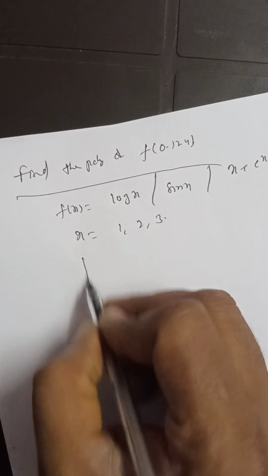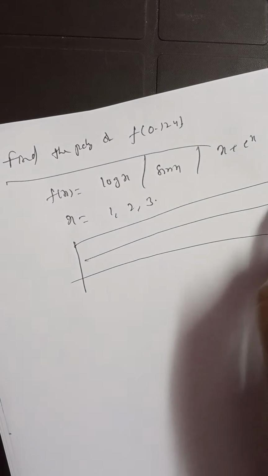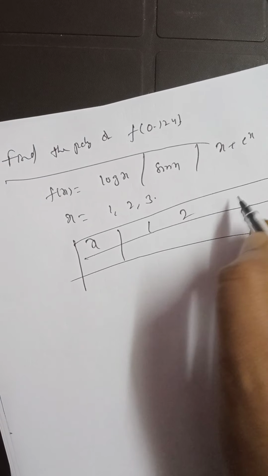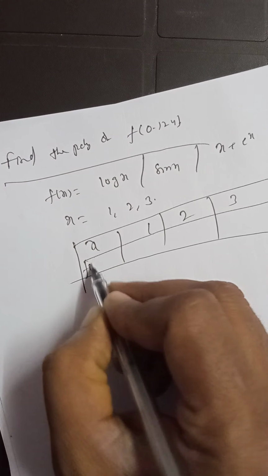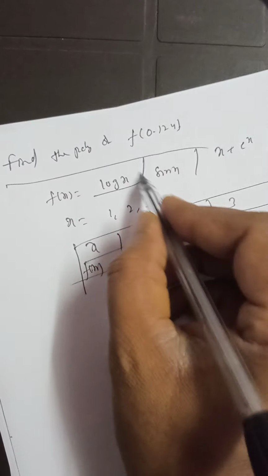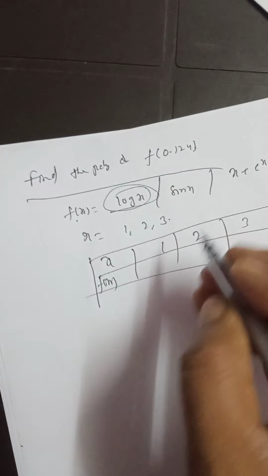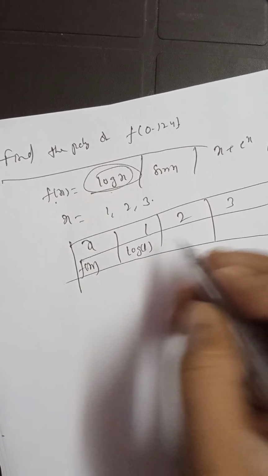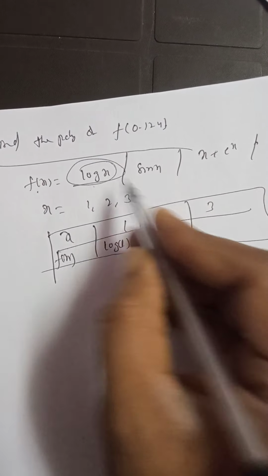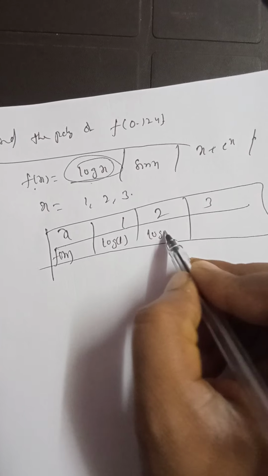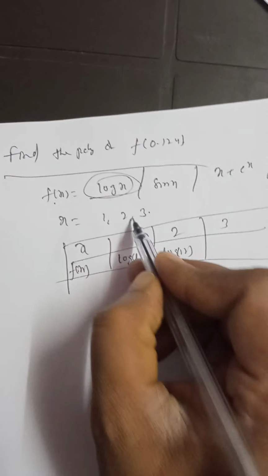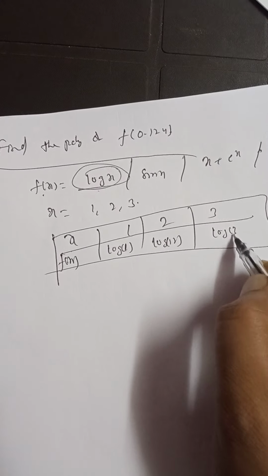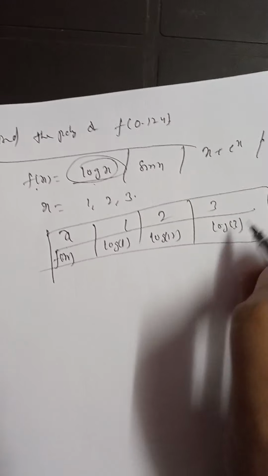Now first of all you have to find the function values. X values are given, 1, 2, 3. What about function values? When x is equal to 1, suppose f of x is log x, you have to find the log 1 value using a scientific calculator. And when x is equal to 2, you have to find log 2. Similarly, when x is equal to 3, log 3, using a scientific calculator we have to find the values.